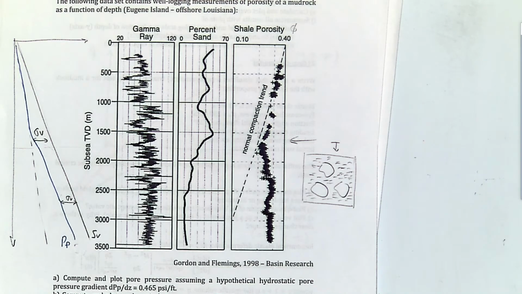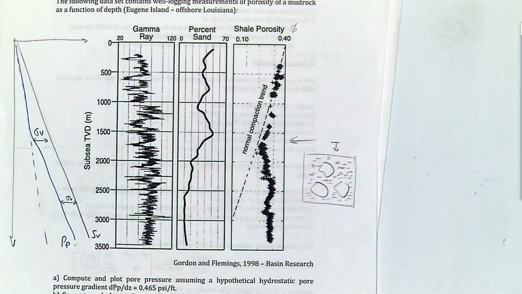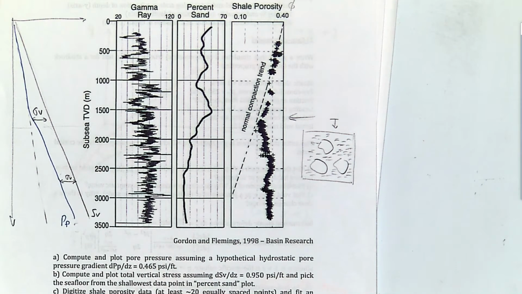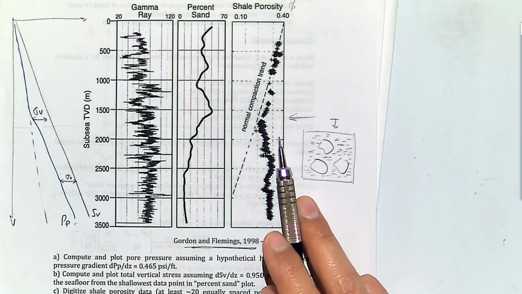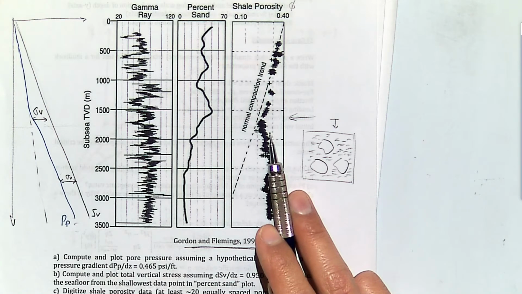So I think there is some issue here. I think there is one missing line over there. Or I don't know if this is logarithmic scale. It might be logarithmic. Please check original reference. Make sure you get the right porosities. It could be logarithmic scale.